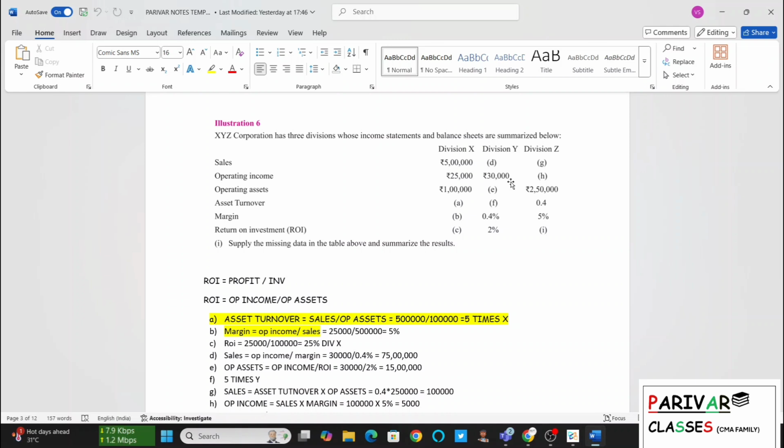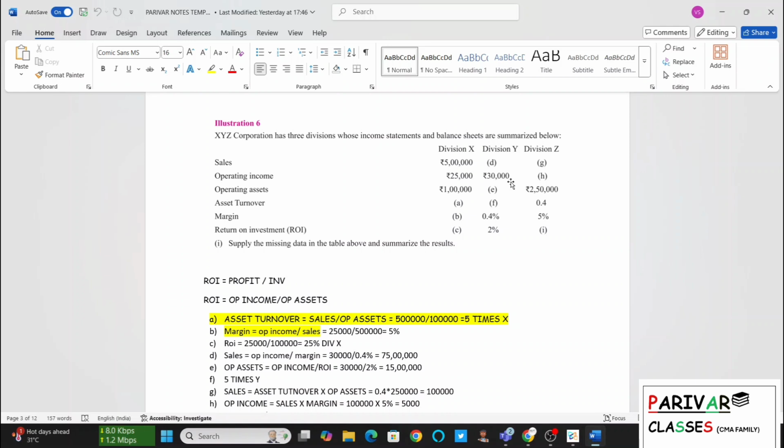Now G point belonging to division Z. Already we wrote the formula. Above we said we can use two formulas, asset turnover ratio formula and margin formula. Here we have both values. Asset turnover value is given, margin value also given. But for using margin, we need operating income.